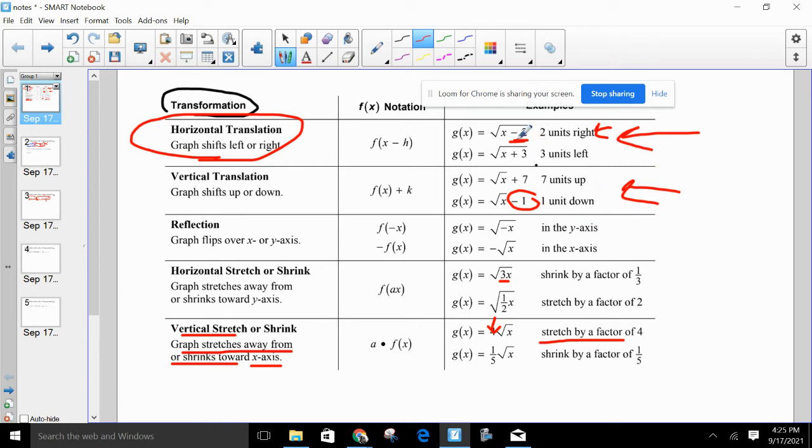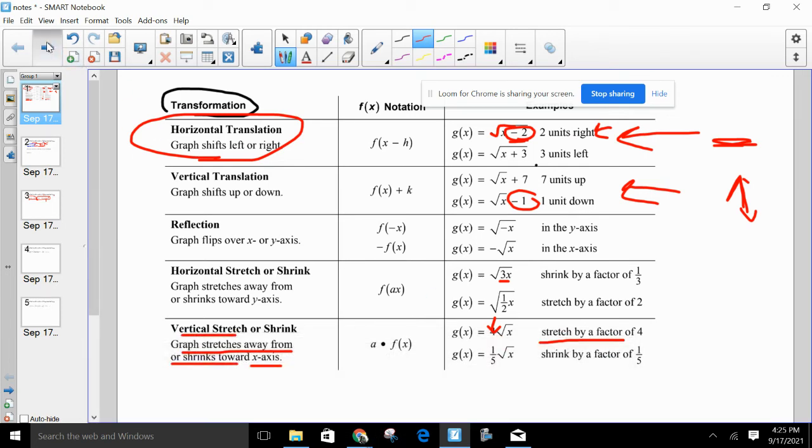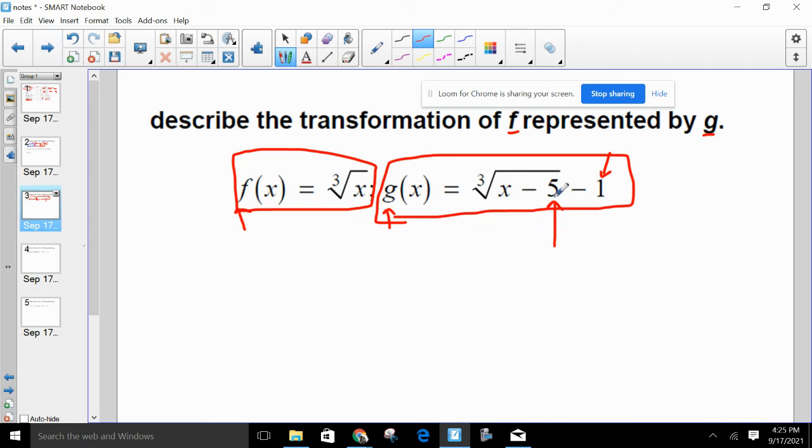And I also have something being subtracted inside the cube root, so I know it's going to be horizontal. So there's going to be some horizontal movement, left or right, and some vertical movement, up or down. I already know that because there's a number being subtracted inside and a number being subtracted outside. Here we go. Let me go ahead and graph this.